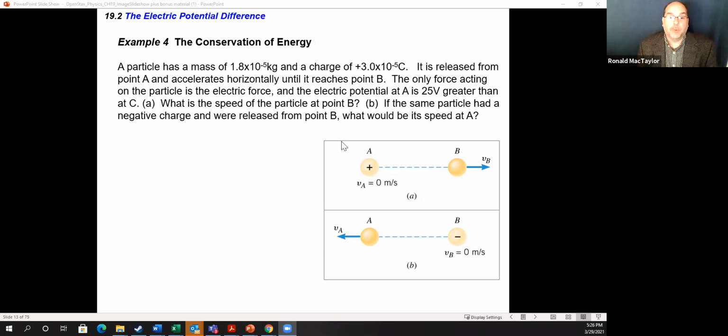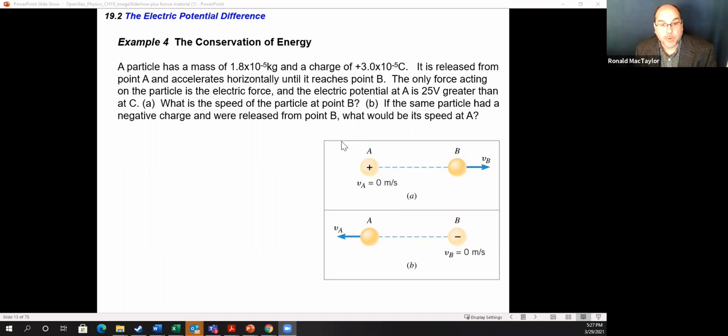All right, so looking at some kinds of problems that you might see in some sort of context, a particle has a mass of 1.8 times 10 to the negative 5th kilograms. That's really tiny, but maybe this is in a mass spectrometer or something where you're doing something to figure out some quality of the particle as it exists in there. And it has a charge of 3 times 10 to the negative 5th coulombs.